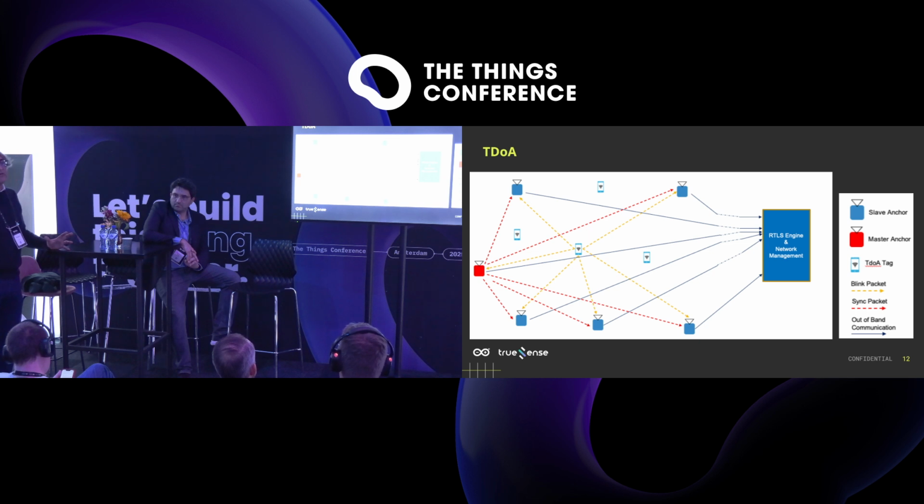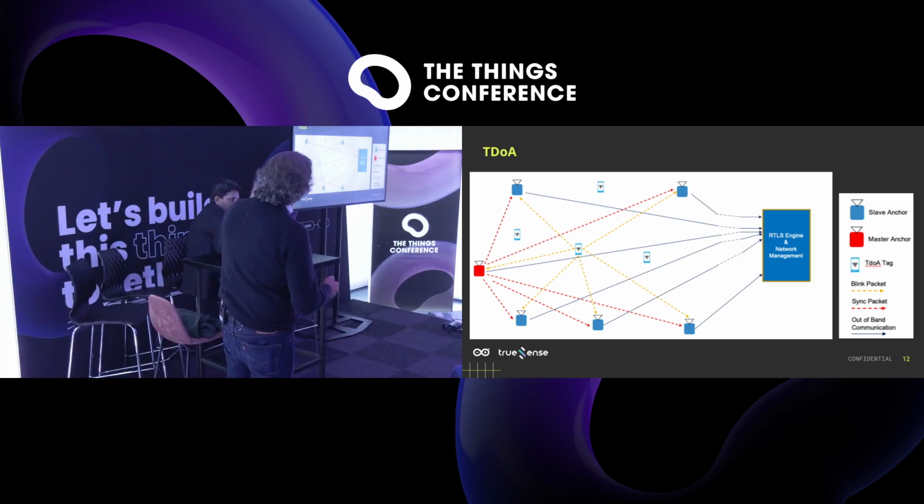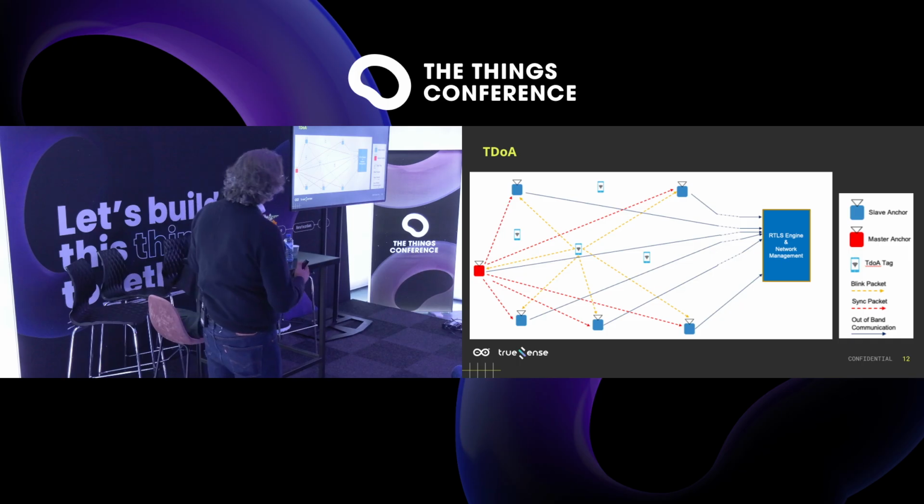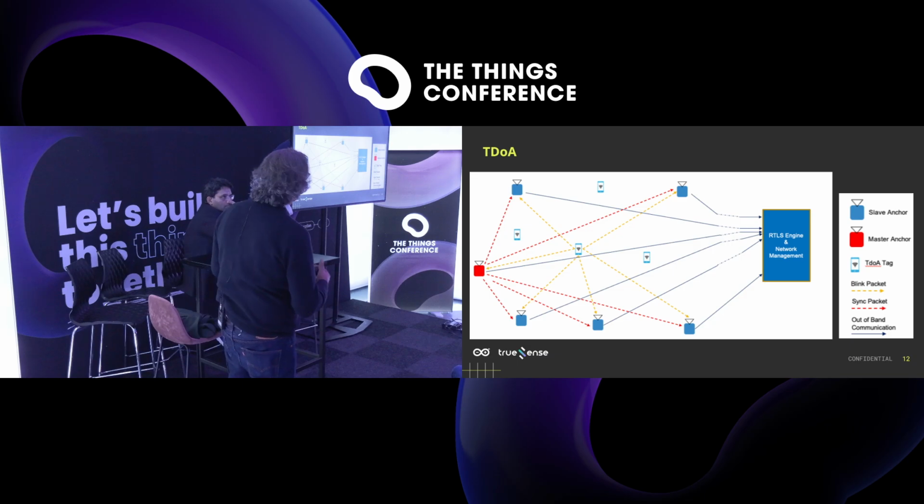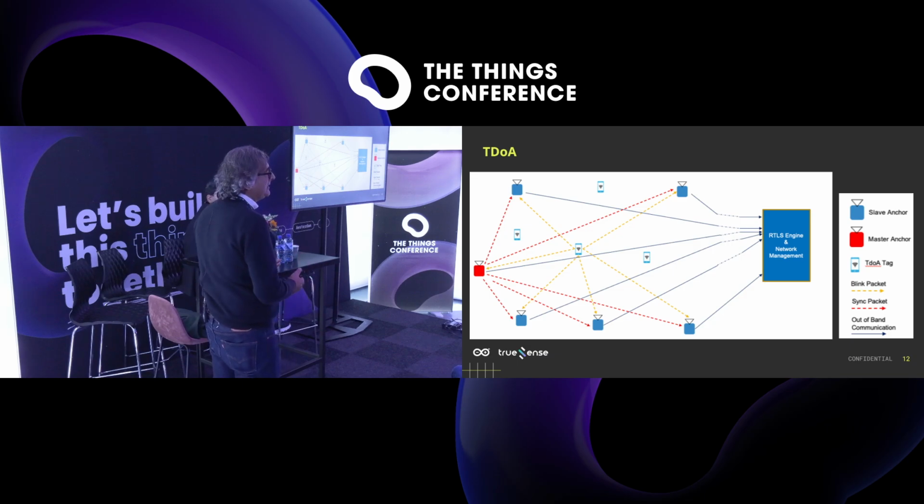These anchors are configured to listen to tags, for example the Stella tags, moving within the environment, battery powered, whatever. Again, due to the clock skews, there is a synchronization anchor, the one in red, and basically all these anchors are then connected to a central server that is doing the triangulation operation that will let you calculate the absolute position of the tags within the infrastructure.